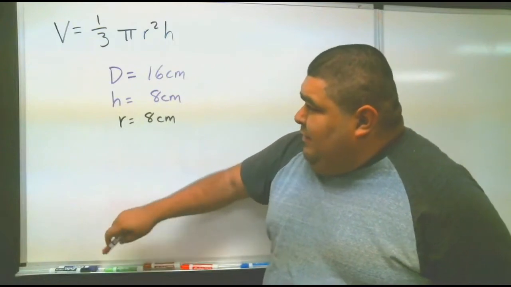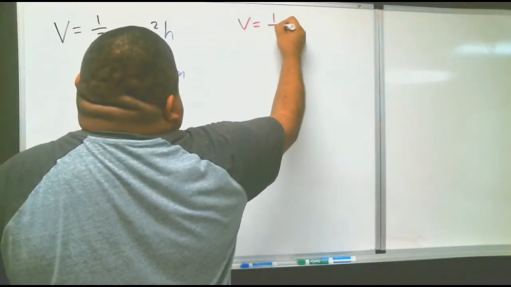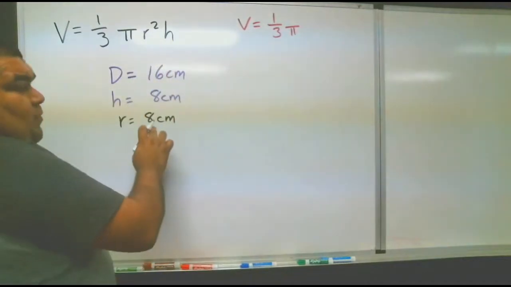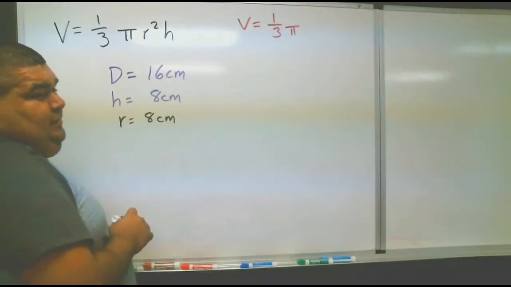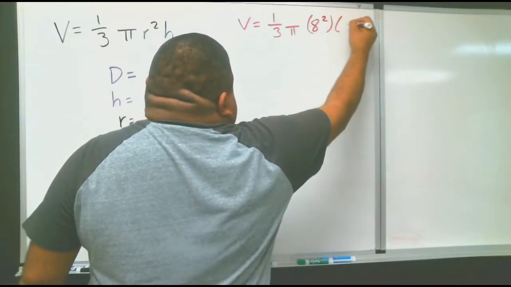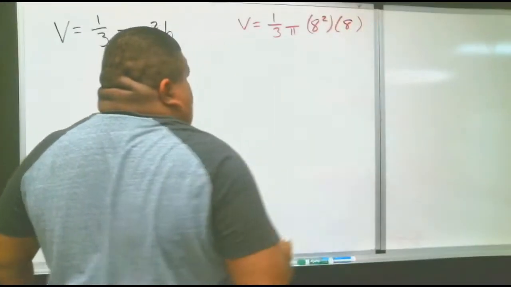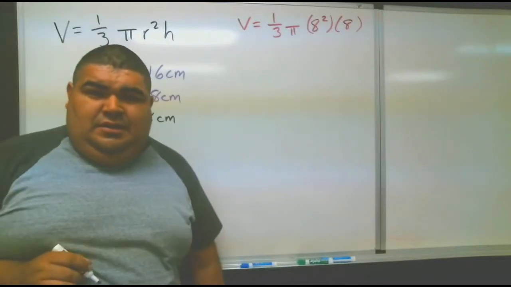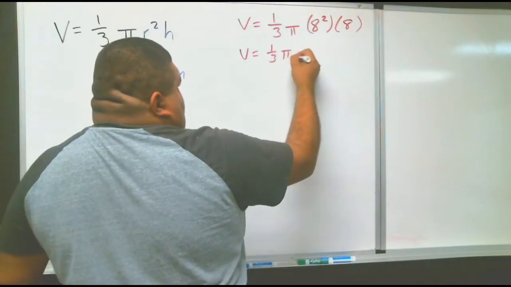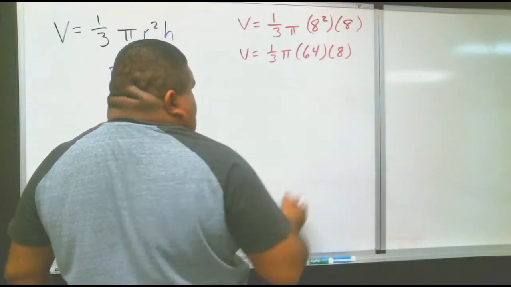So we're going to have V equals 1/3 pi. We know what the radius is, which in this case is 8, so 8 squared, and then the height, which we already know is again 8. So V equals 1/3 pi, 8 times 8 is 64, times 8.